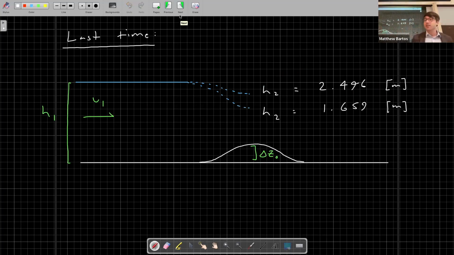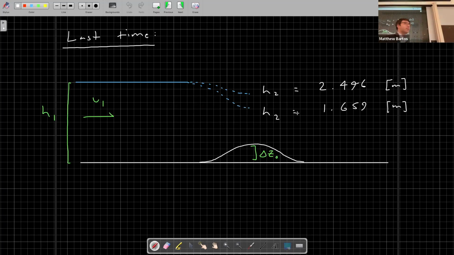So the water surface went down, and there were two possible answers from our cubic polynomial. We got one negative root, one smaller positive root, and one larger positive root. So the possible depths, the physical values, are an H2 of about 2.496 and an H2 of 1.659. So what did these two answers correspond to?